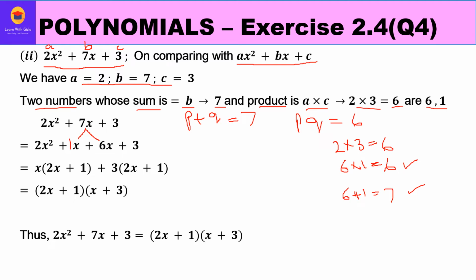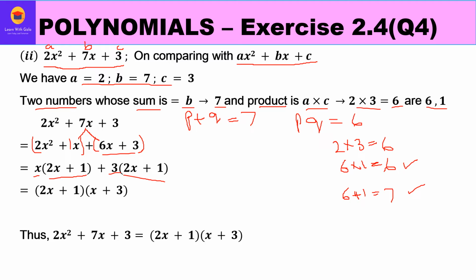And further now, after splitting it, we will take common. So x is common, 2x plus 1 we are left inside, and now 3 is common between these two terms, so 3 outside, and inside we are left with 2x plus 1. So basically we have made these pairs, and accordingly we have found the factors by taking out the common HCF, right?